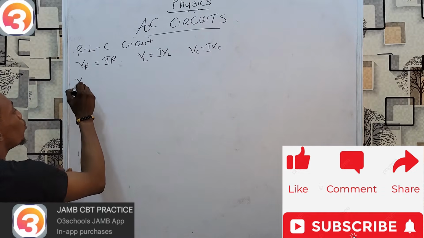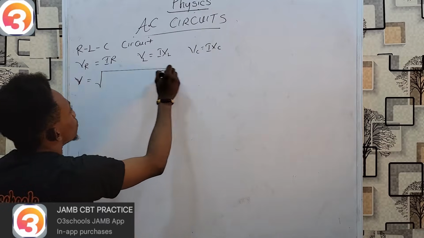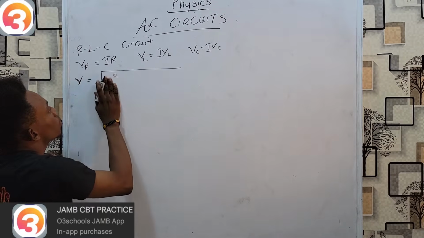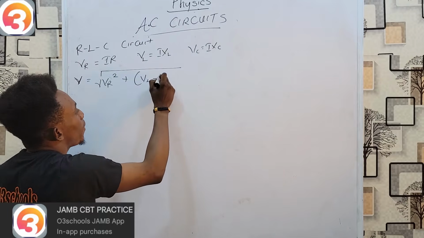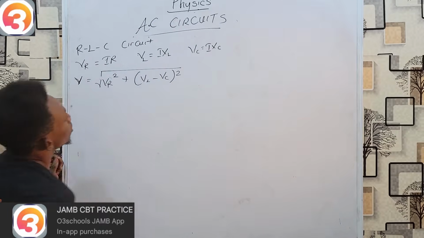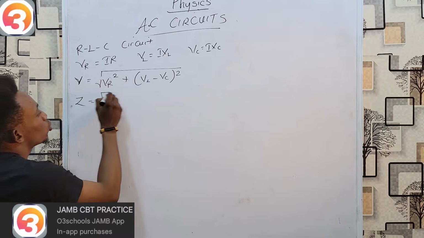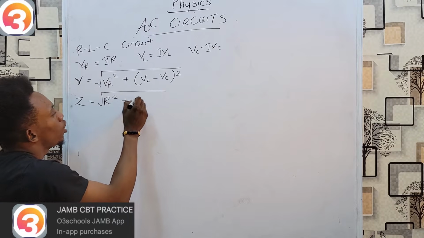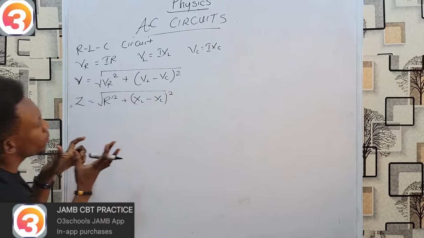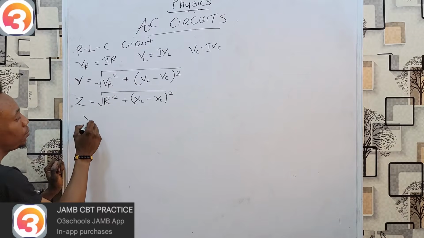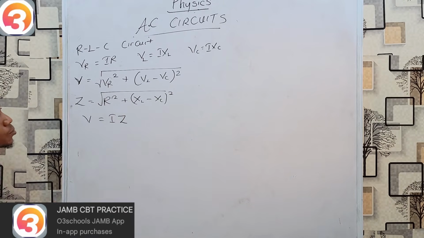And therefore, the overall voltage will be equal to square root of VR squared plus (VL minus VC) all squared. Just like the impedance is square root of R squared plus (XL minus XC) squared. And if you look at these two, that tells you that V, overall V, equals IZ.